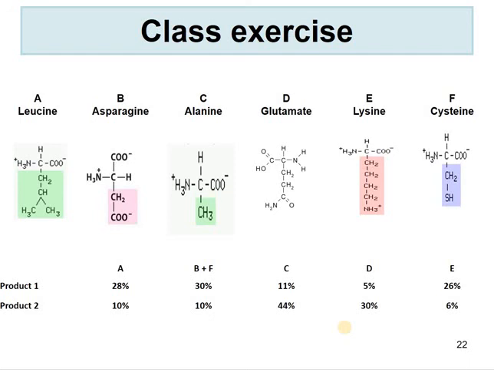There are 20 different amino acids, all different from each other, and what differentiates them is the side chains. Those side chains are divided into categories based on whether they're hydrophobic, hydrophilic, negatively charged, or positively charged. We also spoke about how those amino acids join together to form a protein.